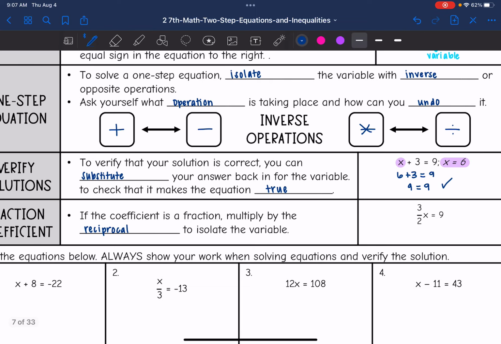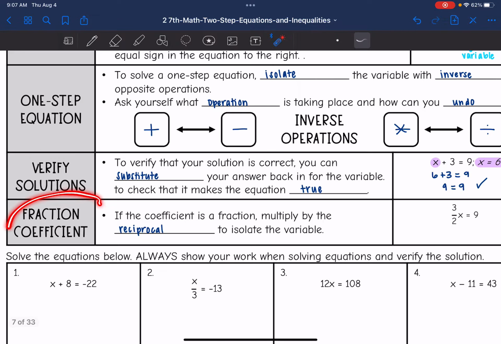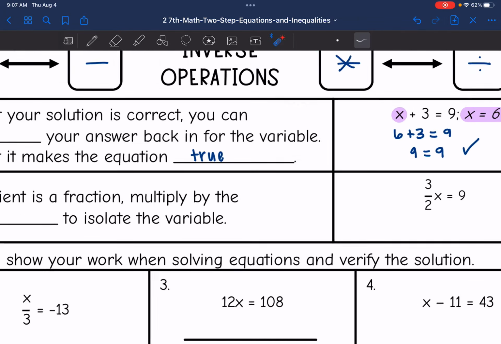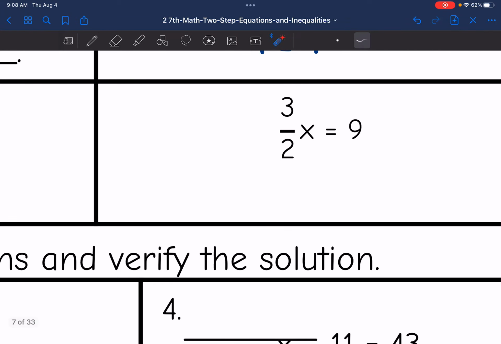All right, then there's one special case we need to go over if we have a fraction coefficient. If the coefficient is a fraction, then we are going to multiply by the reciprocal to isolate the variable. So let's talk about y. This is 3/2 times x. This really means 3/2 times x.